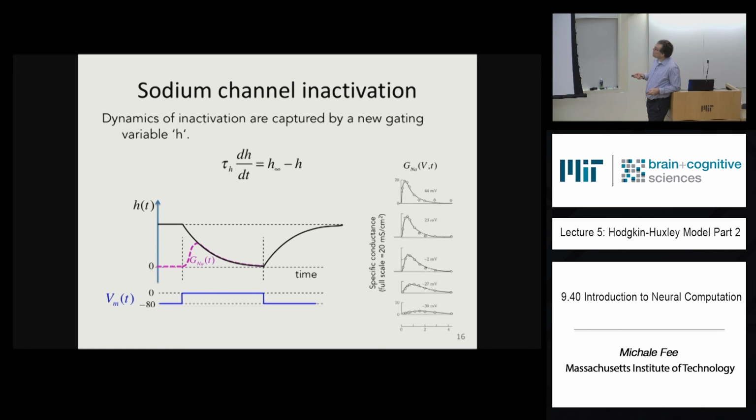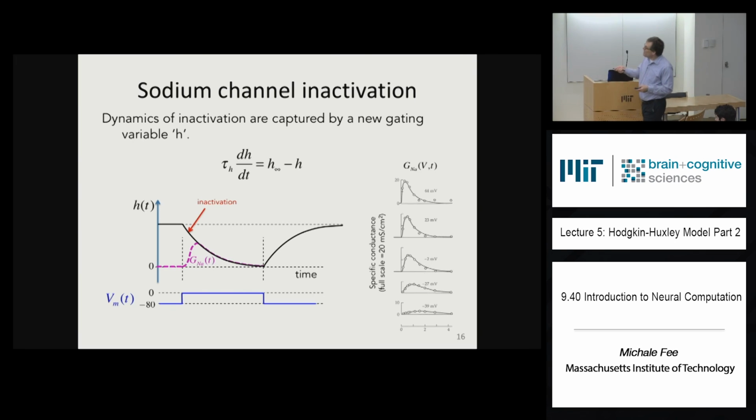And what's really cool is that the tail, this inactivation, the way that conductance or the current turns off, is just a single exponential. It falls like e to the minus t over some time constant. Okay? So it's just given by this first order linear differential equation. Okay?